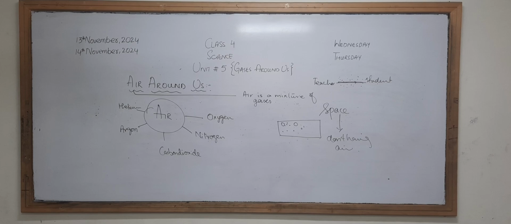So it is very difficult for any living creature to survive in space without air, because air has different gases, for example oxygen, which helps us to survive and is needed to live.